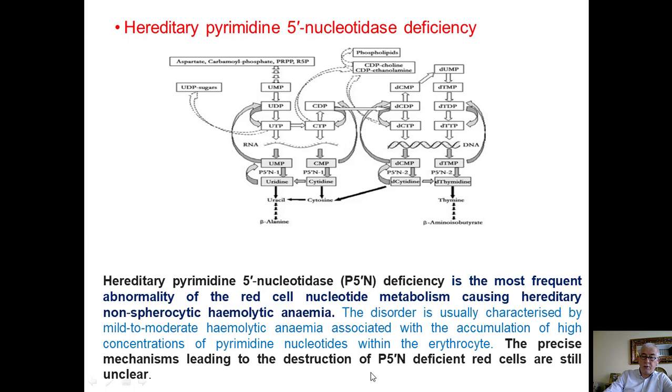This disorder is usually characterized by hemolytic anemia associated with the accumulation of high concentrations of pyrimidine nucleotides within erythrocytes. But we cannot understand the real mechanism; it is unclear for us.